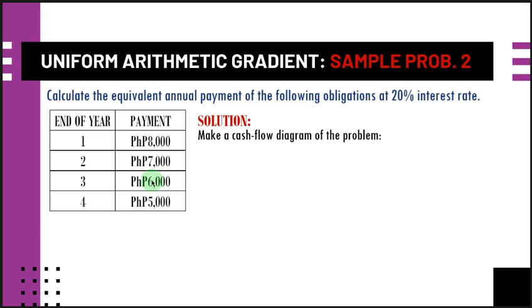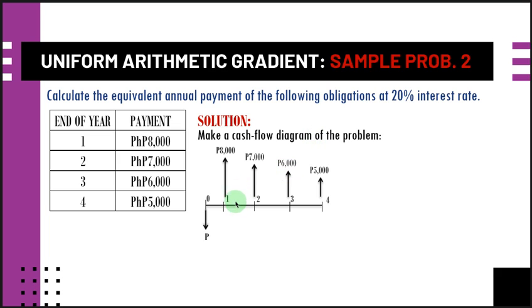Our approach is, again, to make a cash flow diagram of the problem. So we have this simple cash flow diagram: first year 8,000, second year 7,000, third year 6,000, and fourth year 5,000.